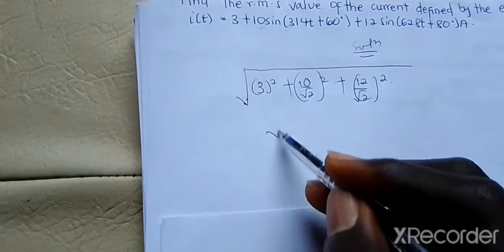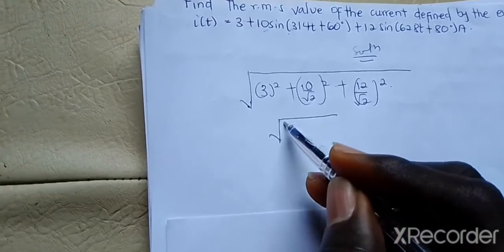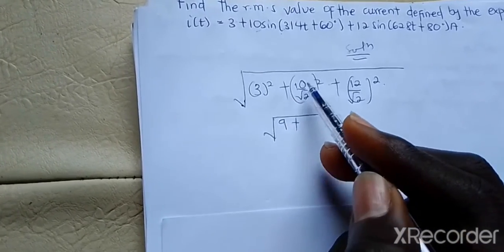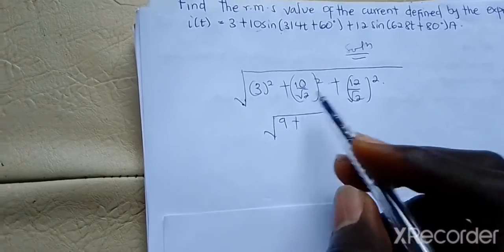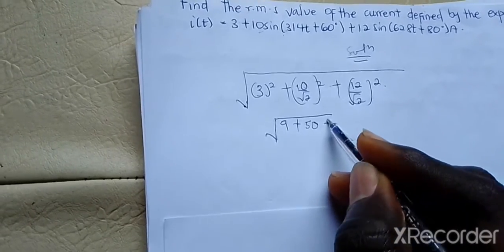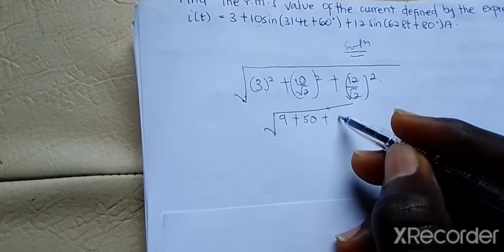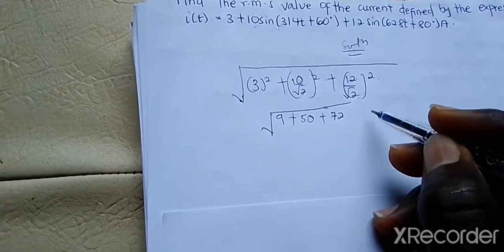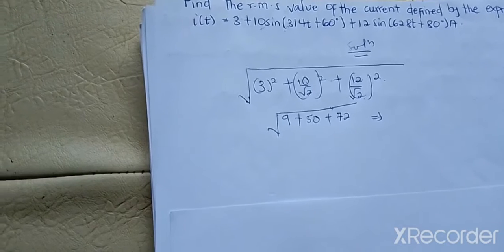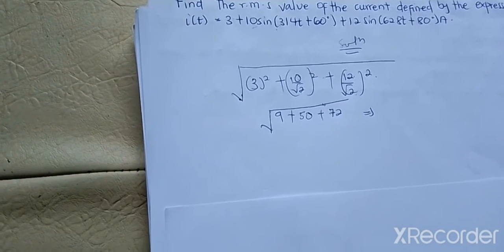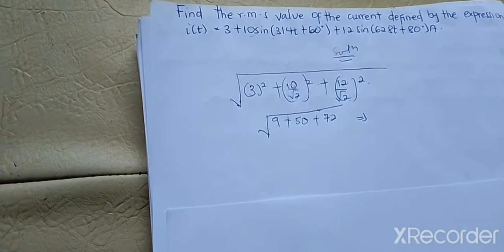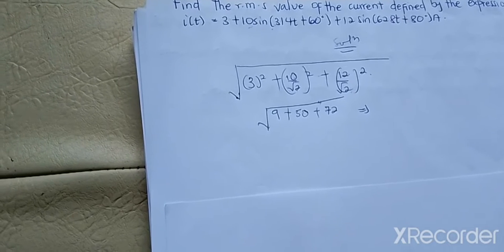So we get the square root of 9 plus, 10 squared is 100, over 2 gives 50, plus 144 over 2 gives 72.